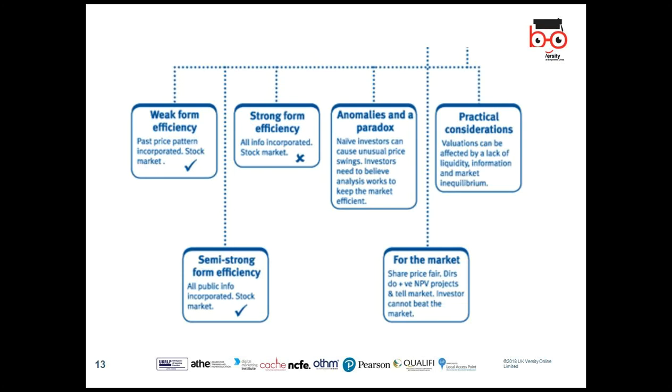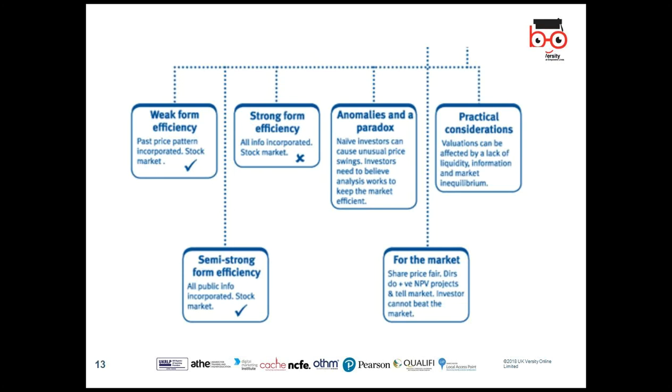Strong form efficiency: all information is incorporated, past, present, and future. Whatever we have, we incorporate into the shares. That's called strong form, which is very difficult. It's not 100%, but up to some extent we can.